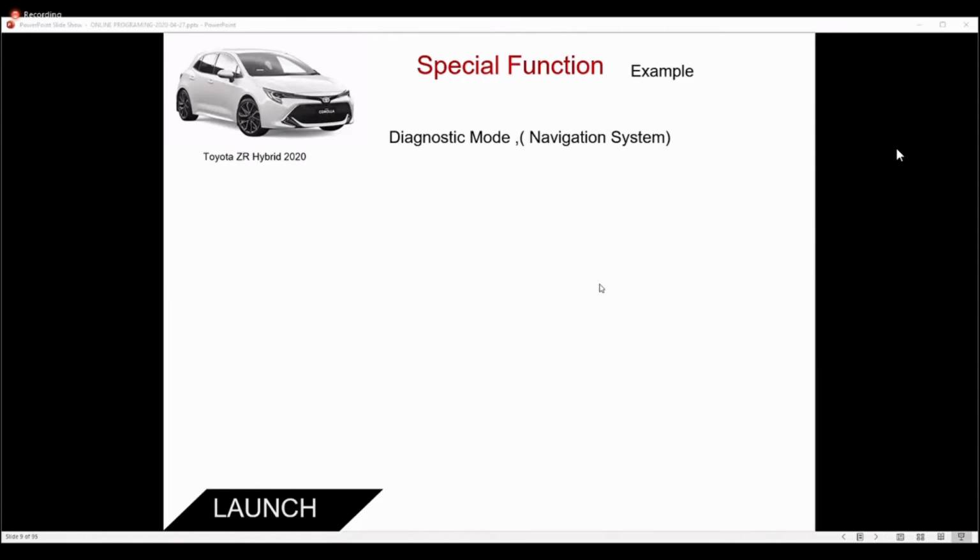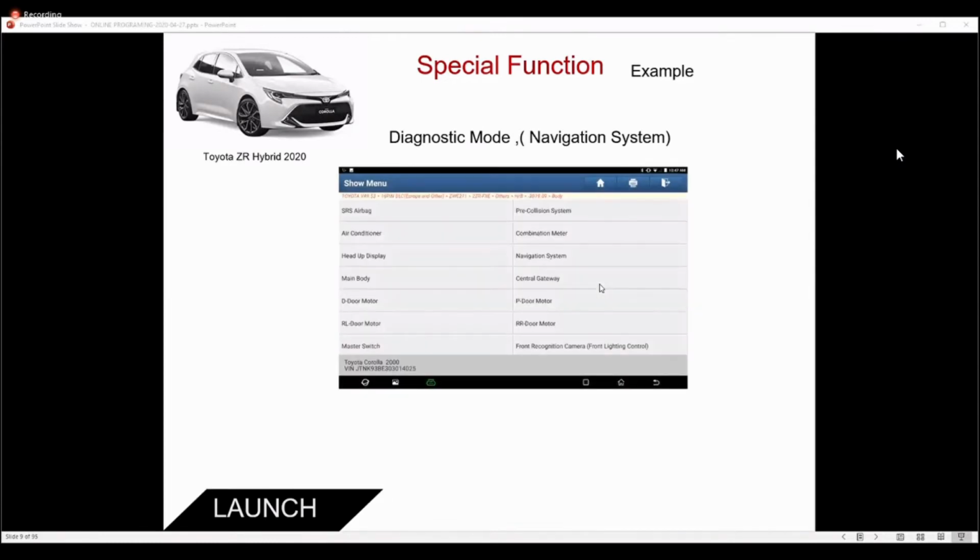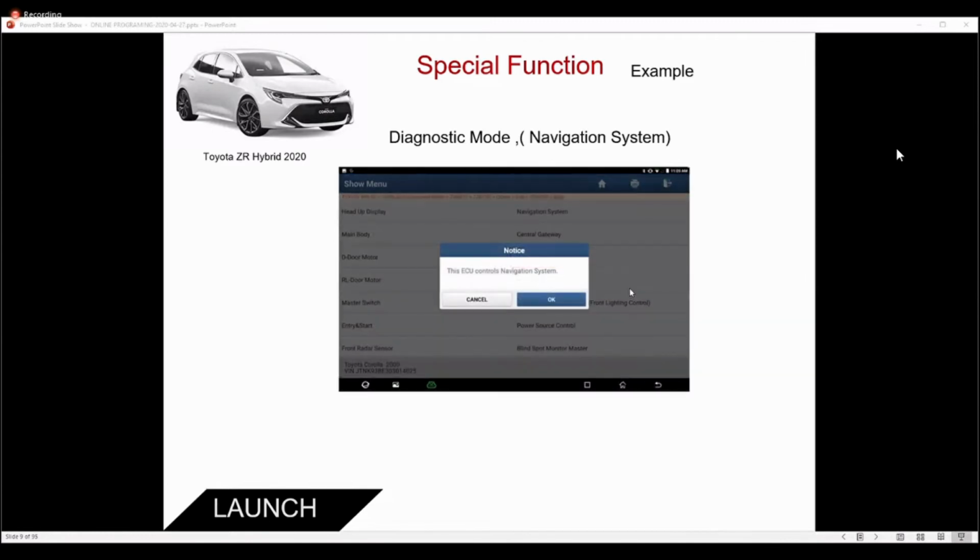In this example, it needs the scan tool to activate the navigational system, but the actual navigational system gives you the information. So on this one, you would select navigational system, read the prompts, making sure that I'm doing the right thing. I want to go into this area. I press OK.